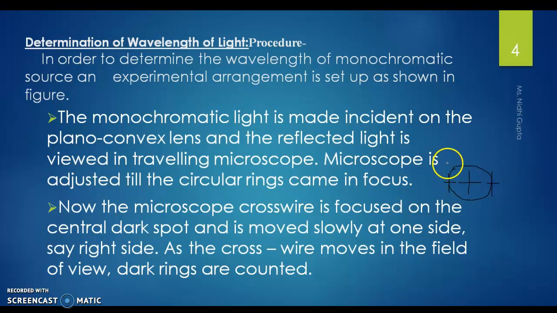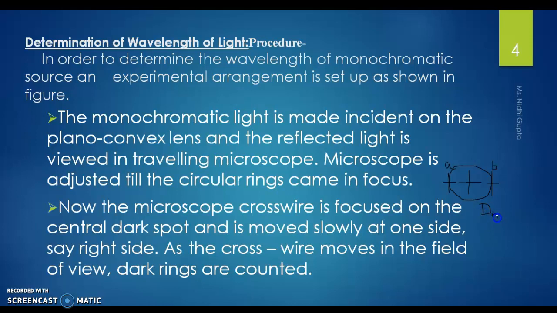Suppose the reading from this side is a and the reading from this side is b. So the diameter will be the difference between these two readings. For a ring of a particular order, the diameter dn can be measured.